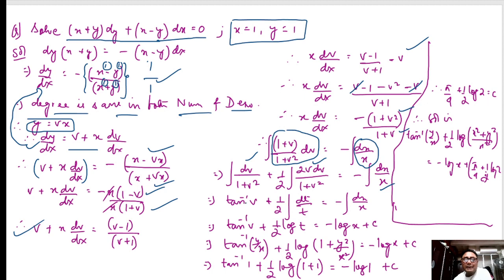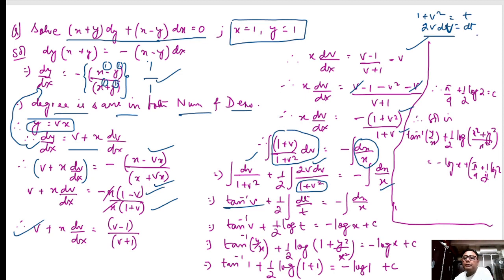We'll get the formula. So this is tan inverse v. And this is, if I take 1 plus v square as t, what will happen? Differentiating, 2v dv equals dt.